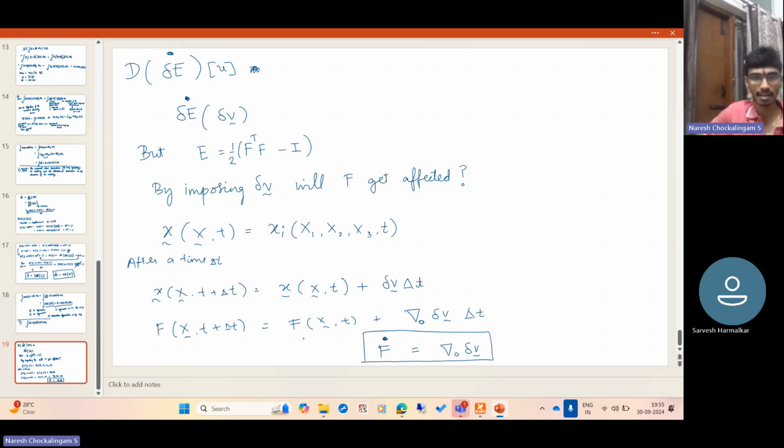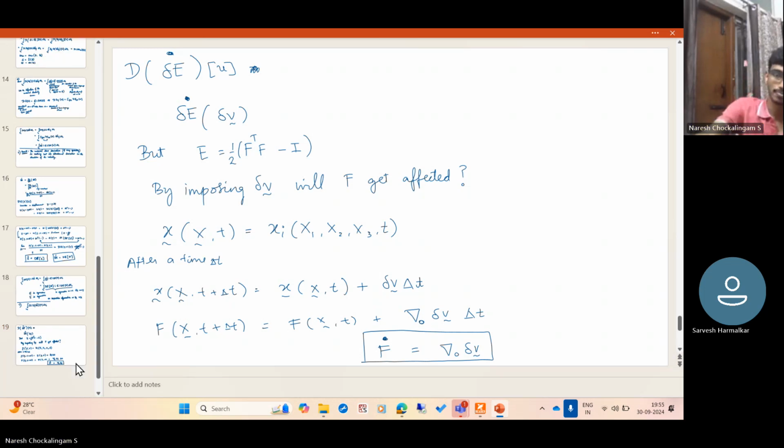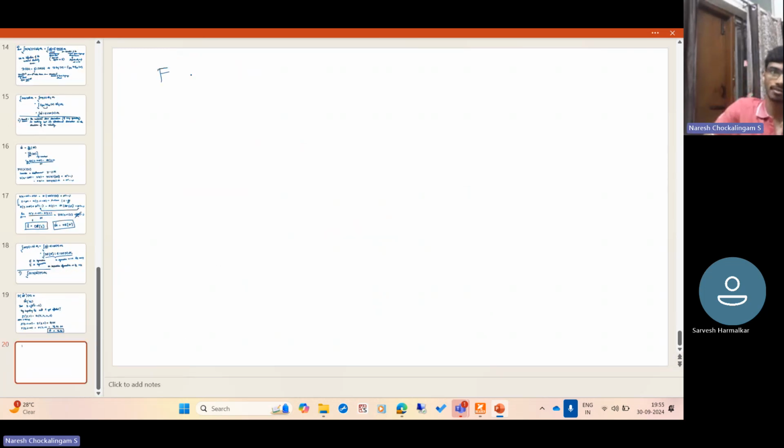But if you take a spatial gradient, F itself does not depend on del v, but F depends on the mapping phi, and therefore its directional derivative u will affect it.